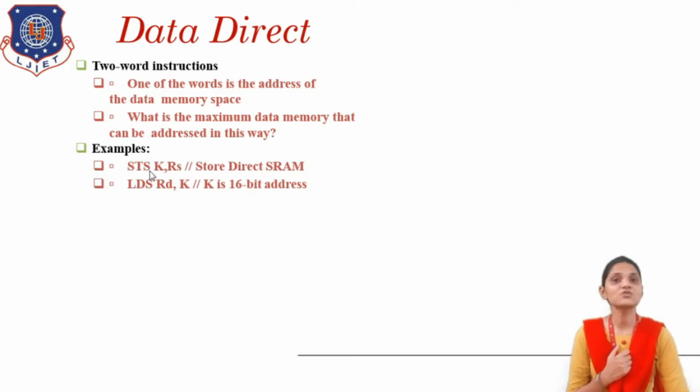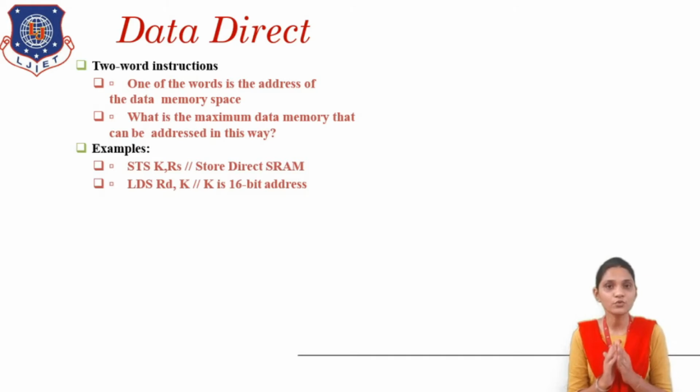Here STS is used for storing data to some memory location, and LDS is used for loading data from some memory location into the register. These two instructions are possible for direct addressing, where you provide the direct memory location where you have stored your data or where you want to store your data.